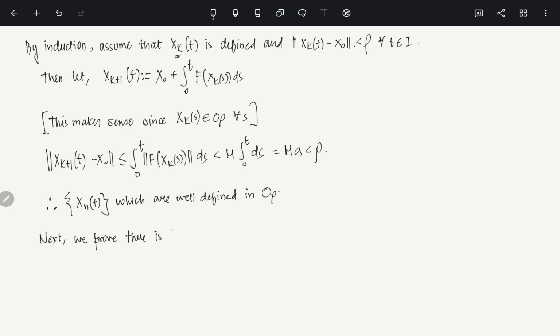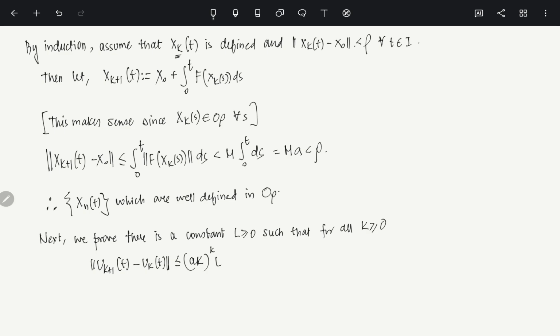So next we prove there is a constant L greater than 0 such that for all k greater than or equal to 0, the norm of x k plus 1 of t minus x k of t is less than or equal to a to the power k times L. This is what we need to show.